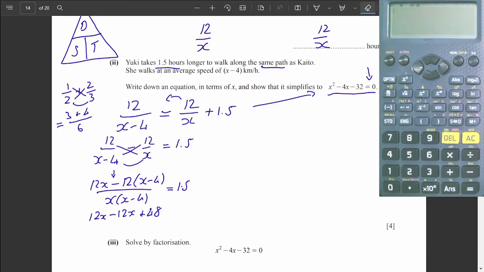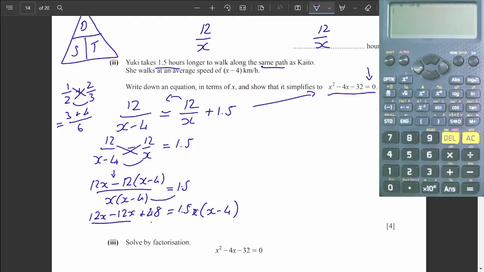If we multiply this x minus 4 to the other side, that will give us 1.5 times x minus 4. Good. No more fractions.